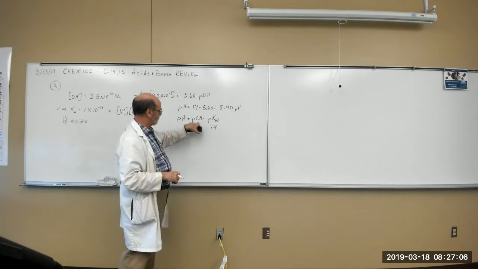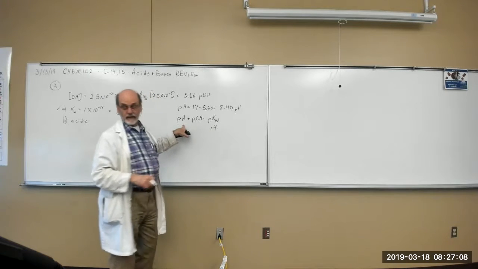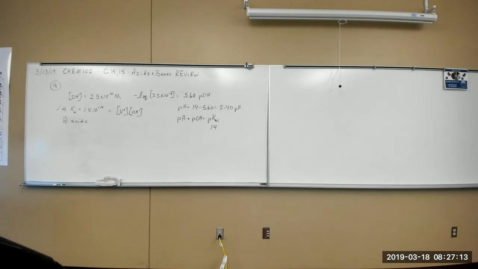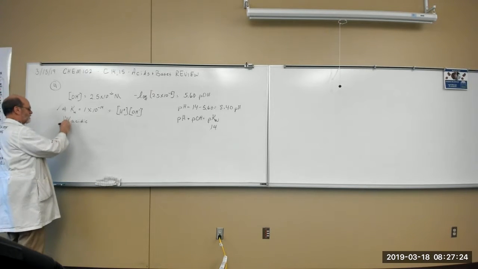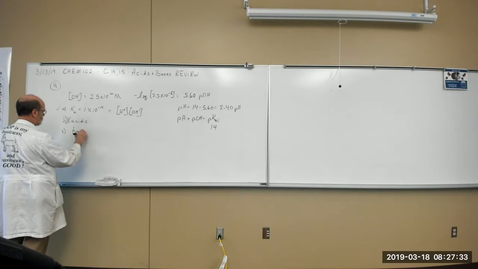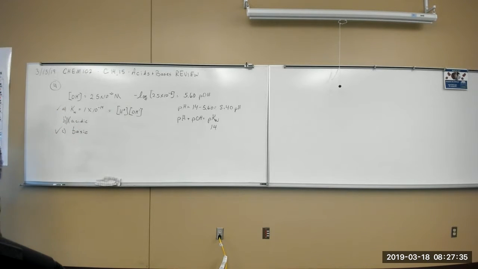So if you know this one, subtract it from that one and you get that one. So pH is 8.4. That is not acidic. We've already calculated it, so C, the solution is basic. That's true. It's greater than 7, so it's basic.